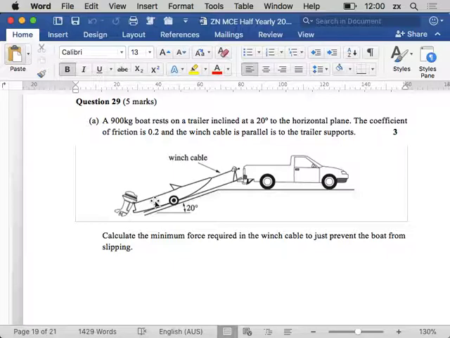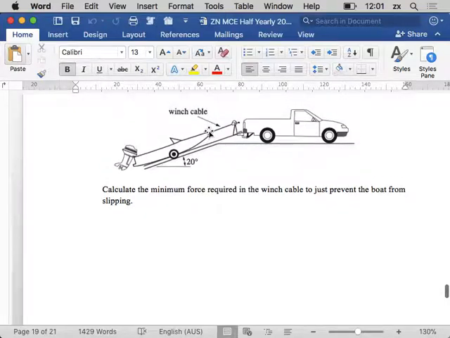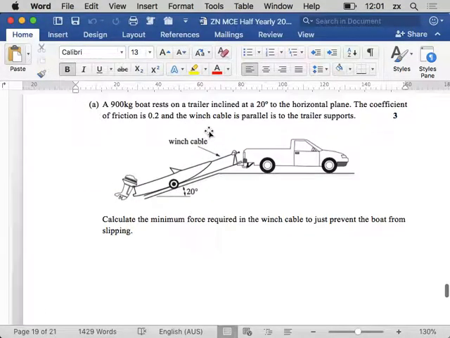A 900 kilogram boat rests on a trailer inclined at 20 degrees to the horizontal plane. The coefficient of friction is 0.2, and the winch cable is parallel to the trailer supports. Calculate the minimum force required in the winch cable to just prevent the boat from slipping.